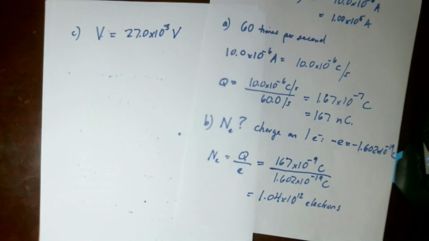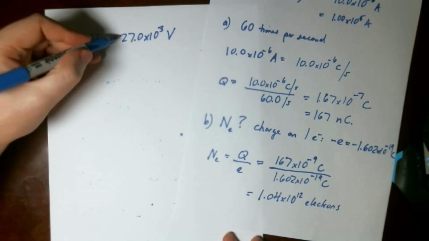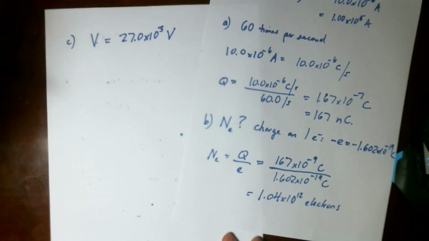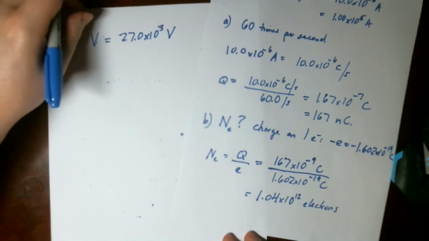And so if we assume that the electrons are accelerated from rest, then all of this voltage will go into accelerating them.